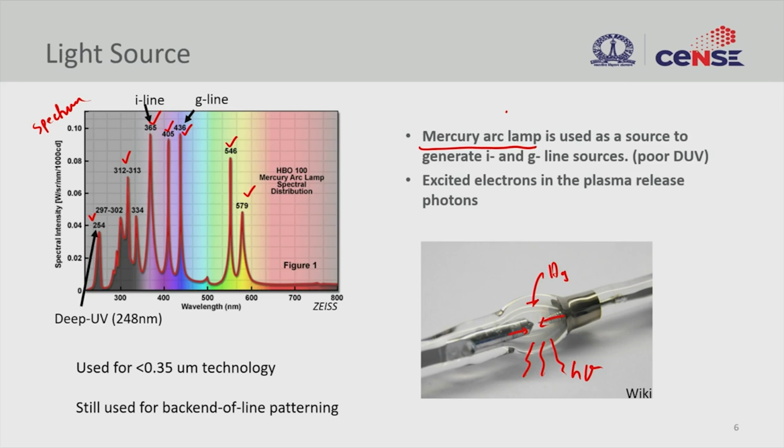The 436 is called the G line, and the 365 is called the I line. These signify different emissions from this mercury lamp, and this 254 is called deep UV. 248 in particular is what we use, but this whole region is deep UV. So you also get deep ultraviolet emission from a mercury vapor lamp.